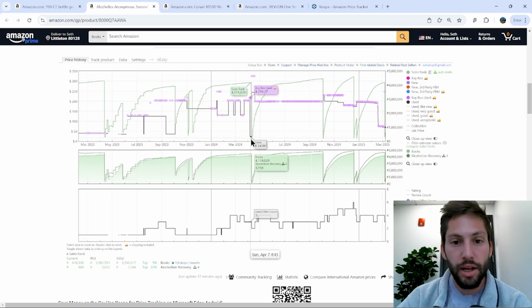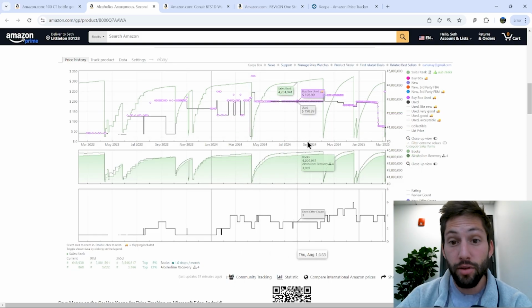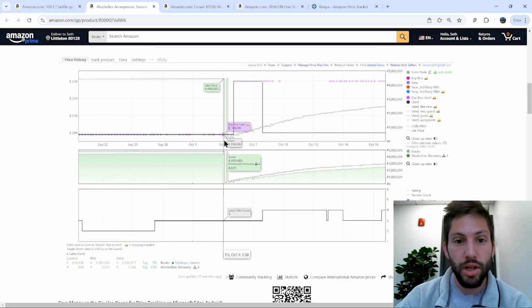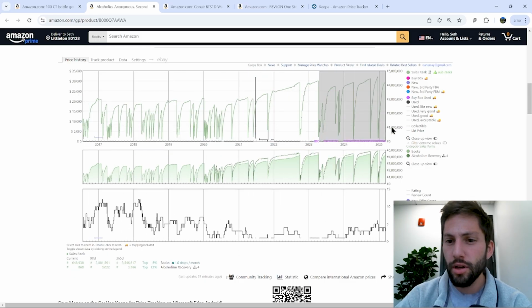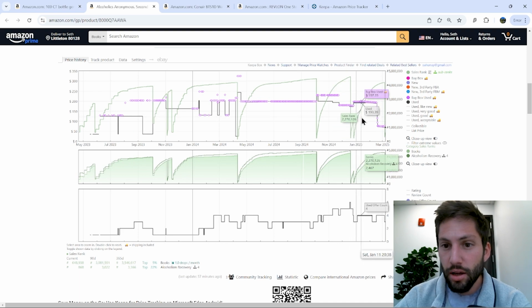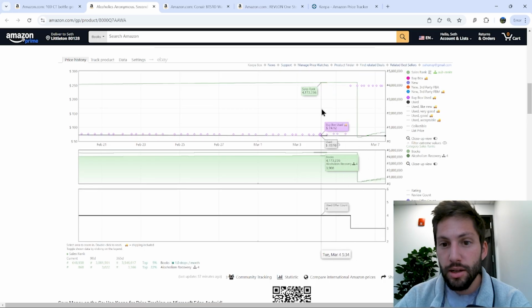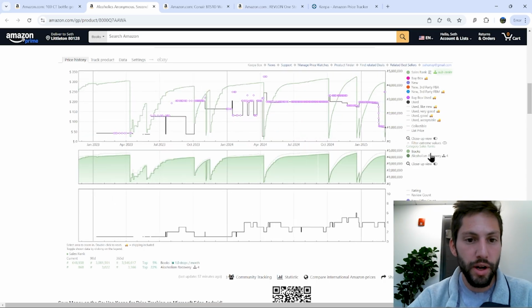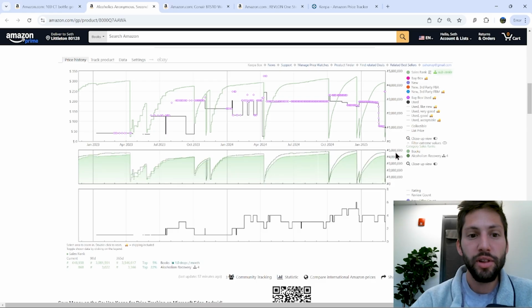It looks like a sale happened at $25, and looked like another 200 and 170, 190, and 70. Can you see why it's important to understand Keepa with something like this?